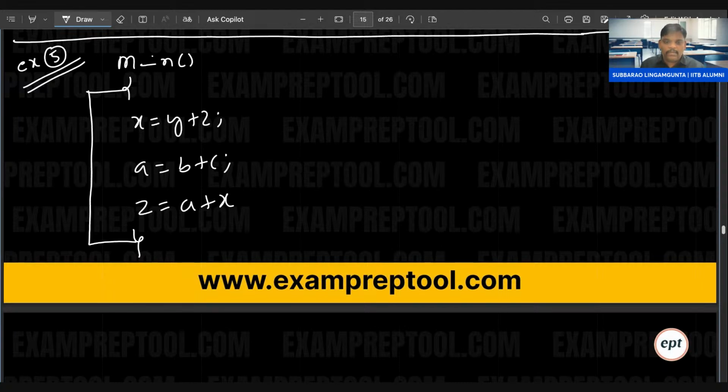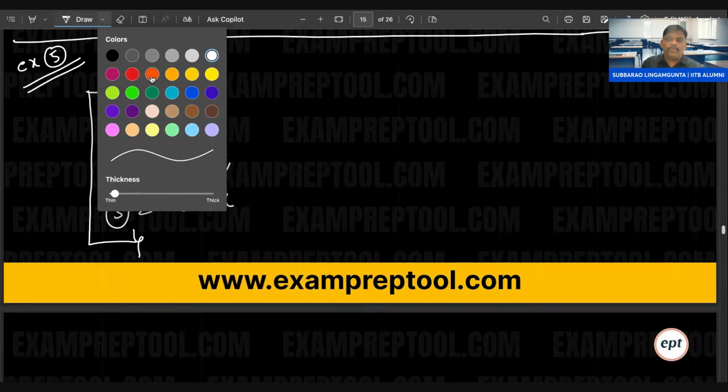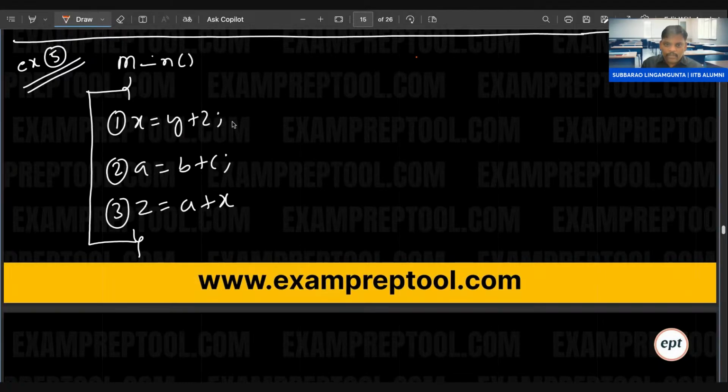Yeah, so if you observe this program clearly, there are 3 statements in this program. First statement, order of magnitude is 1.